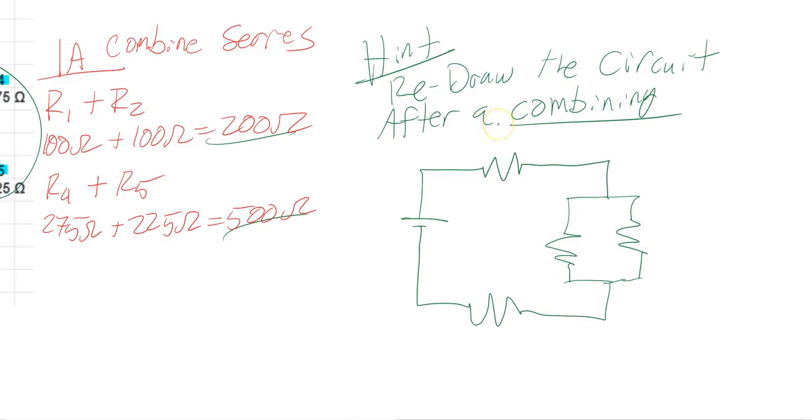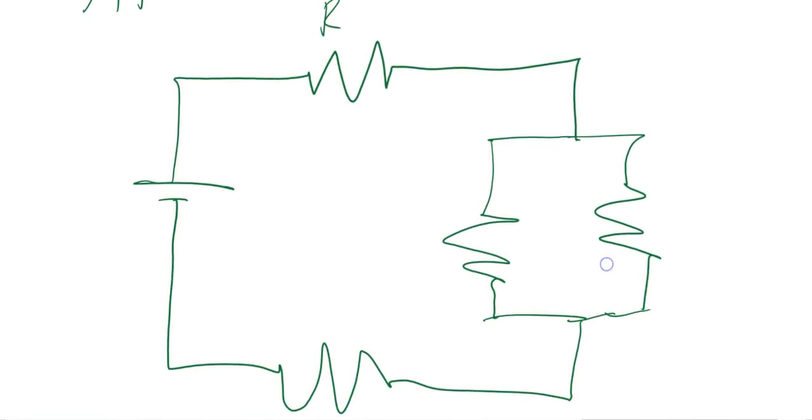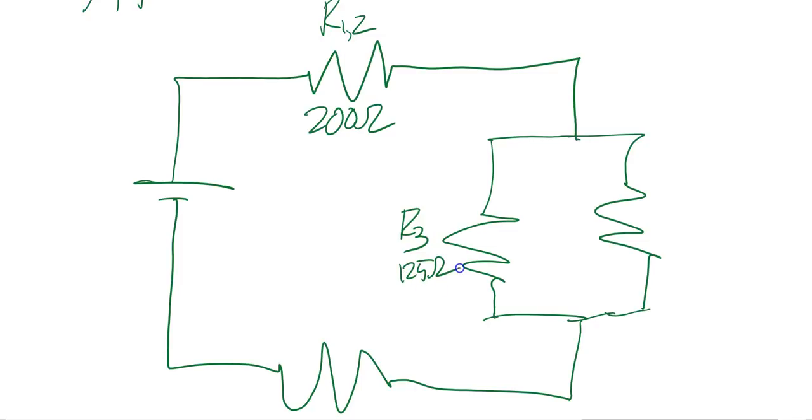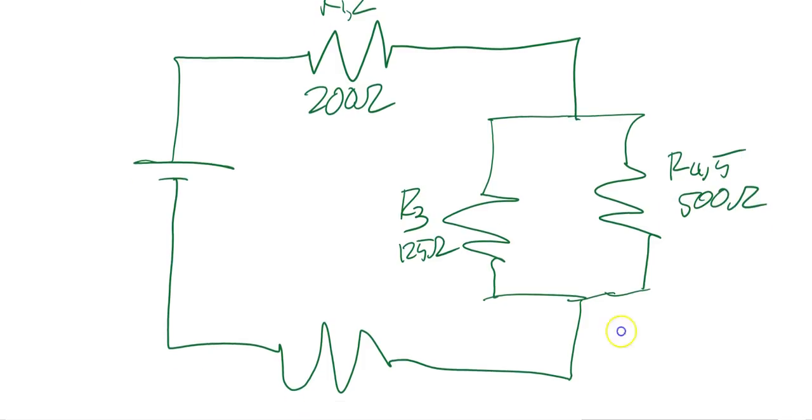So this is now R1 and R2 combined into a 200 ohm resistor. This one's still R3, with a resistance of 125 ohms. This one was R4 and R5, which together has a resistance of 500 ohms.